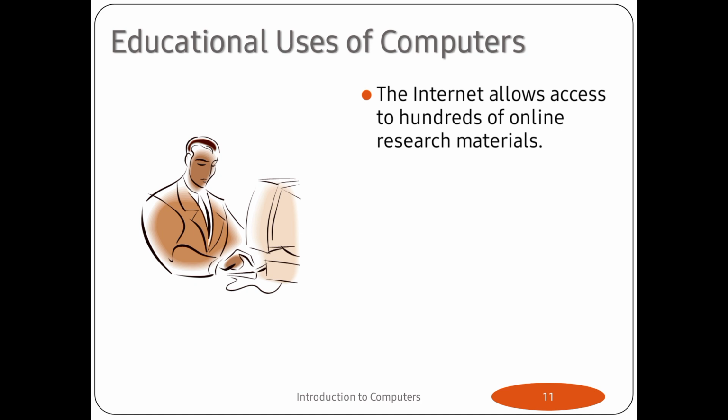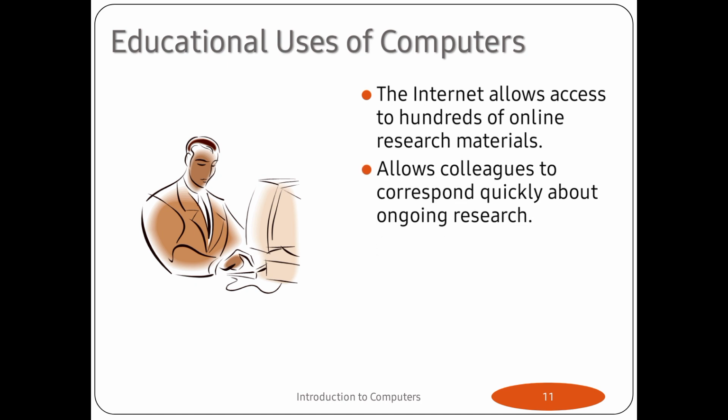The internet allows access to hundreds of them online. For example, Google Scholar allows students to do research by accessing learning materials similar to those in physical libraries, therefore helping them research from their own conveniences.